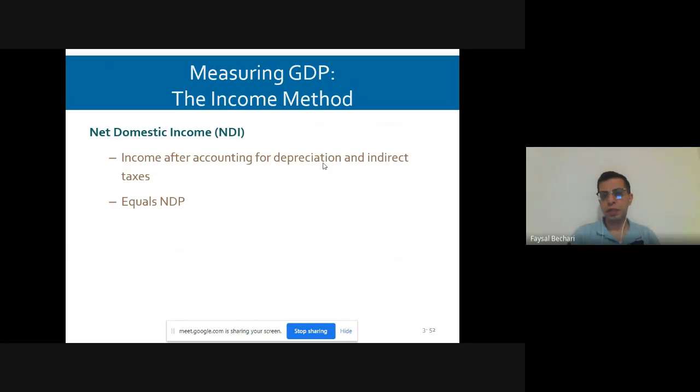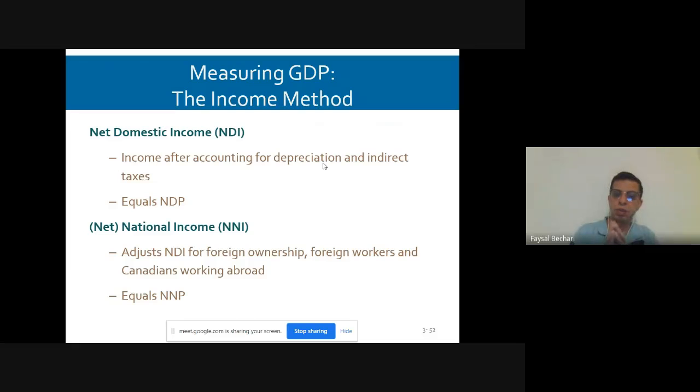Now, measuring the GDP, the income method. We said that the net domestic income, income after accounting for the depreciation and the indirect costs, is equal to NDP. And we have something called national income, which adjusts the NDI, the net domestic income, for foreign ownership, foreign workers, and Canadians working abroad.